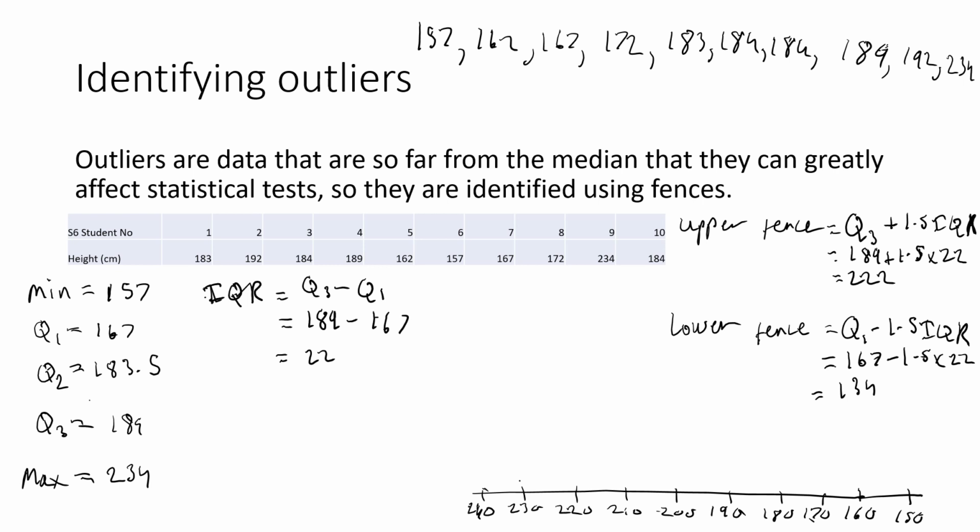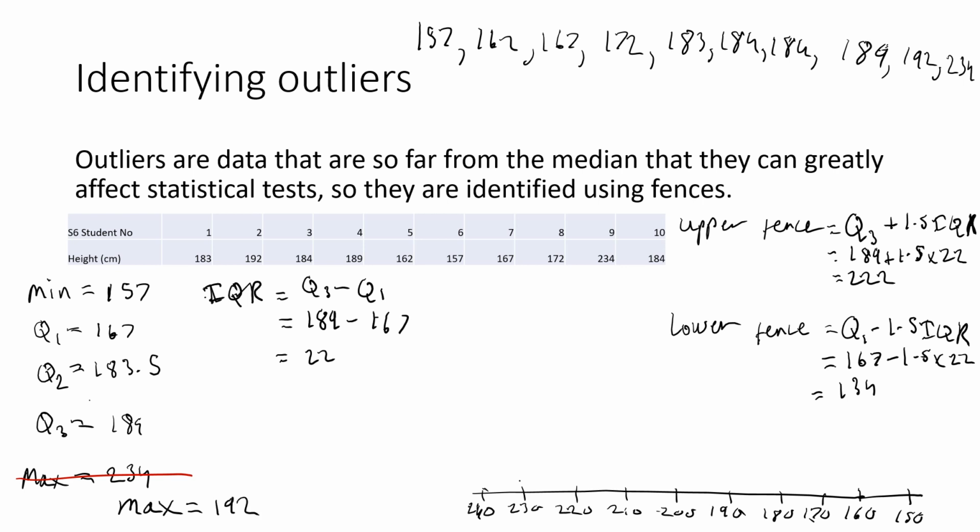So how would we draw the box plot now? Well, first of all, we need a new maximum because this is an outlier. So what's the highest number that's under 222? It is 192.